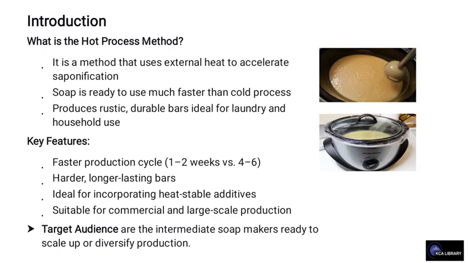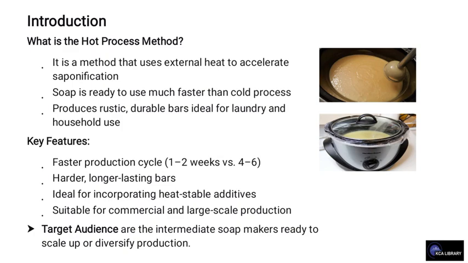What is the hot process method? It is a method that uses external heat to accelerate saponification, and it is a method in which soap is ready to use much faster than cold process. It produces rustic, durable bars ideal for laundry and household use.